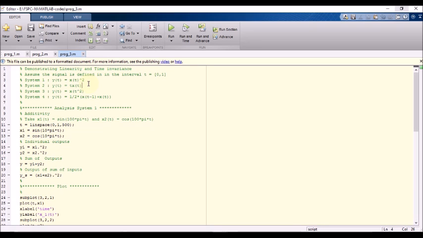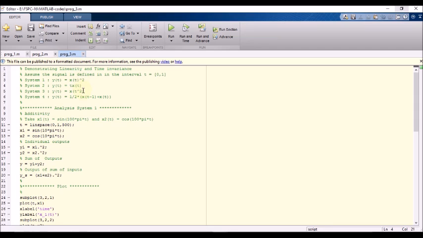Before we conclude, let me discuss what are the properties of the other 3 systems in this page. So the other three systems, the system number 2 is represented by y of t equals t times x of t.